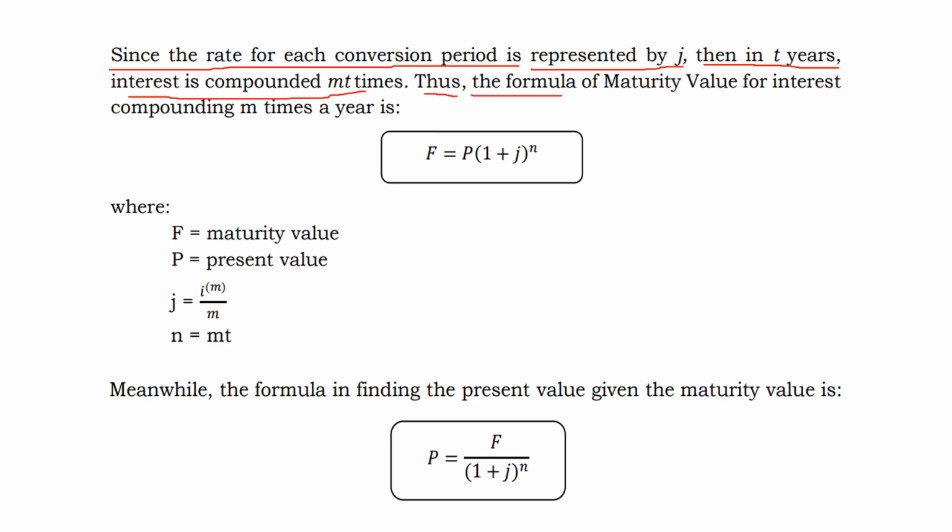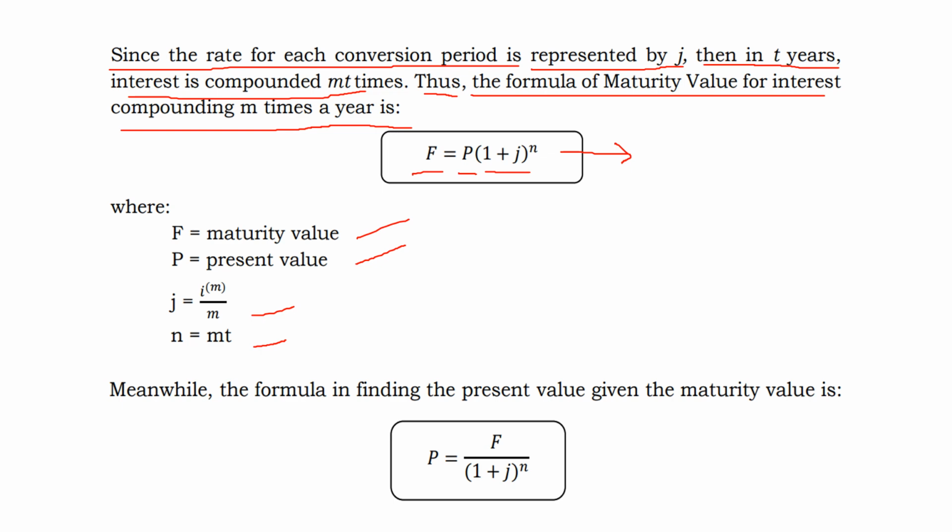Thus, the formula for maturity value for interest compounding m times a year is F equals P multiplied by 1 plus j raised to n, where F is your maturity value, P is your present value, j is your rate of interest, and n is the number of conversion periods.